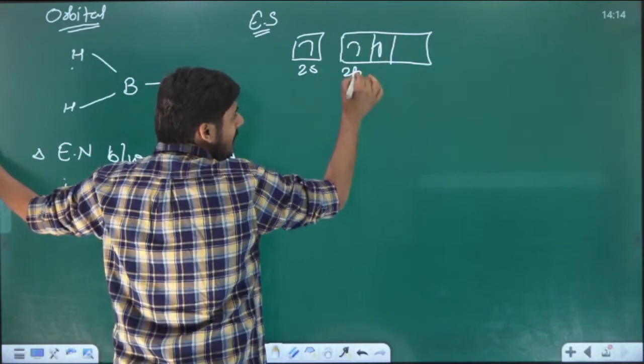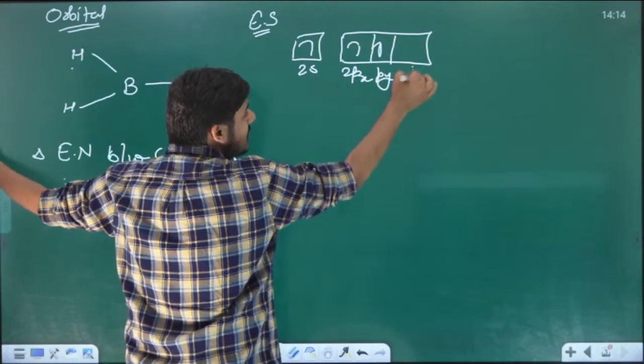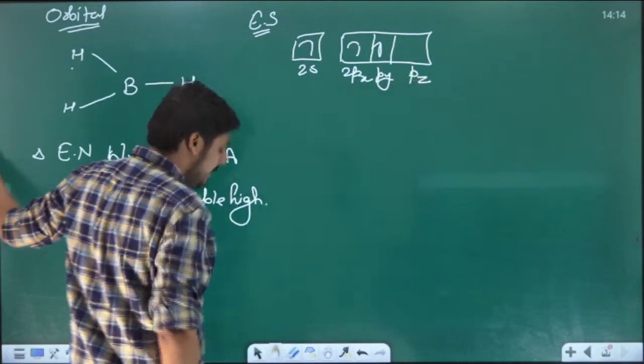Let us mark them as px and py, and we will say that pz is still empty.